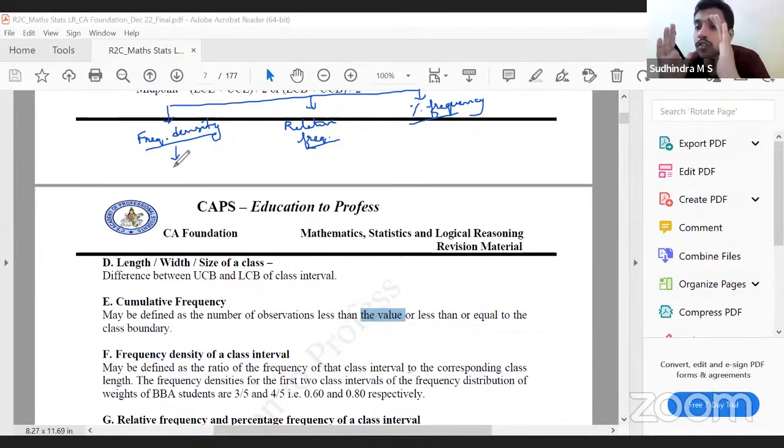Frequency density focuses only on that class interval. It is not bothered about other class intervals. So frequency of that class divided by that class size. Not total frequency. Frequency density only focuses on that class interval, right? Frequency of that class divided by class size.